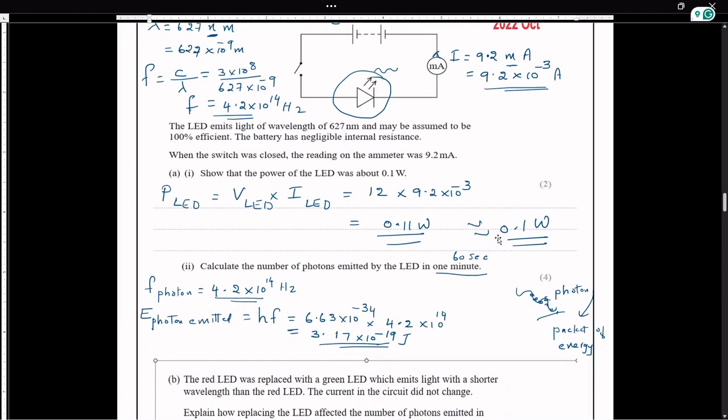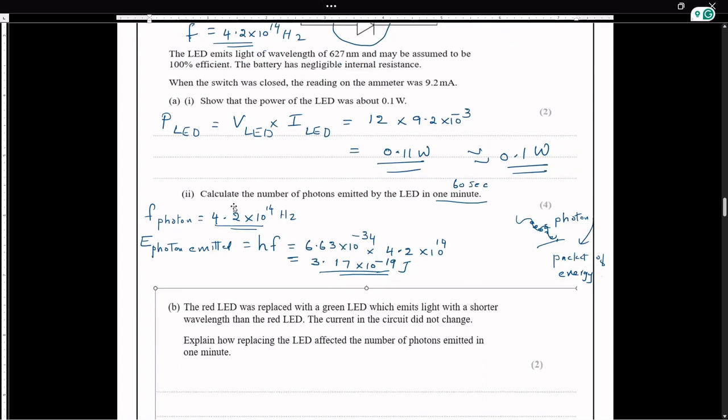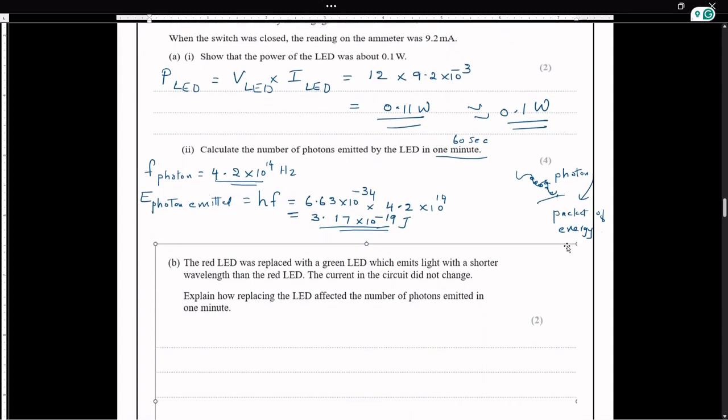Then from this we can calculate the energy emitted by the LED. So I'm using that calculation here. So now I need the energy of the LED.